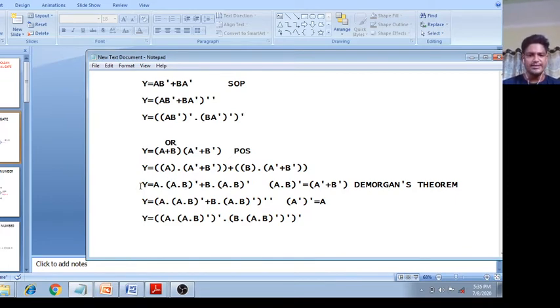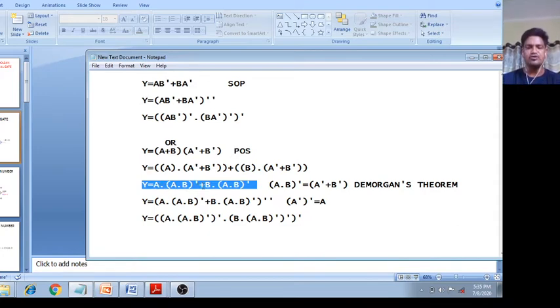Now you can see here, in this case, you have removed the individual complement. Now there is A, not A dash. Similarly here B, not B dash. So in this way you can decrease the number of NAND gates, or you can implement any function by using a minimum number of NAND gates. And how it comes, you know, De Morgan's theorem.